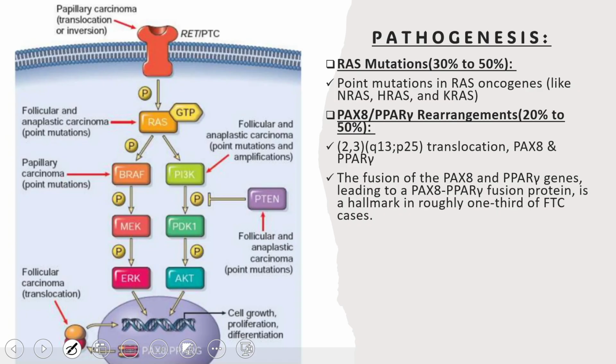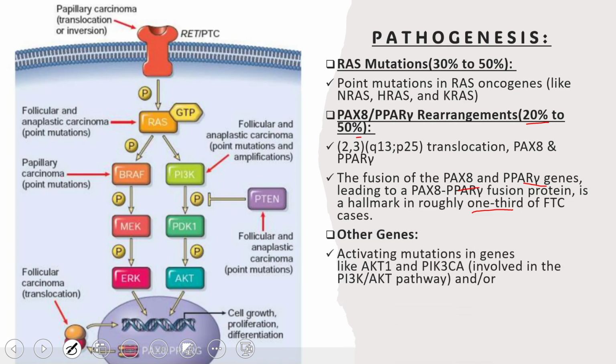Next we see there is the fusion of the PAX8 and PPAR gamma genes, that is called the rearrangement, and roughly one third of follicular thyroid carcinoma cases have such fusion gene protein, which is due to the translocation and rearrangement of these two genes.